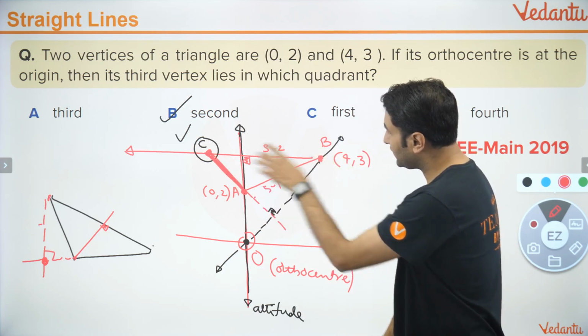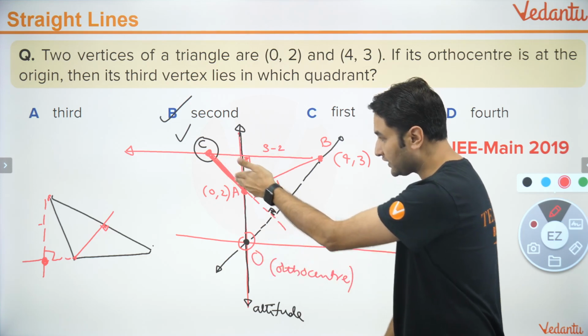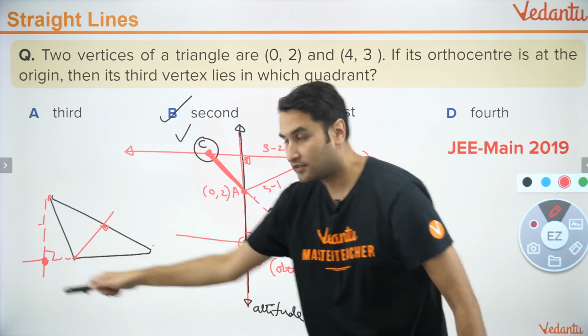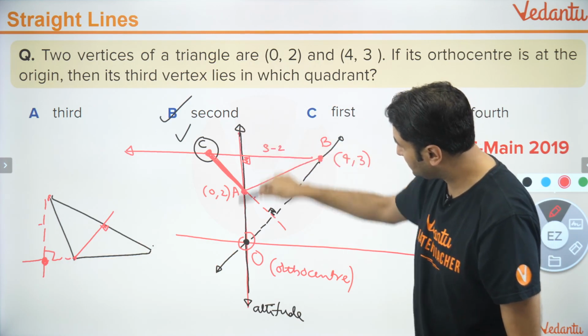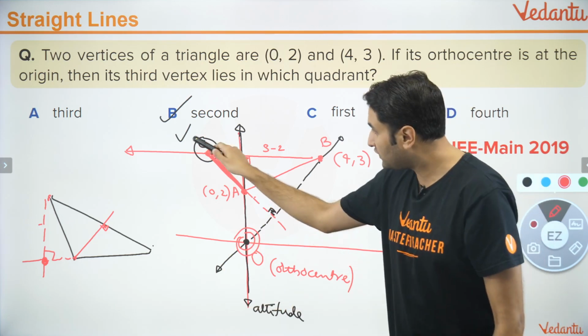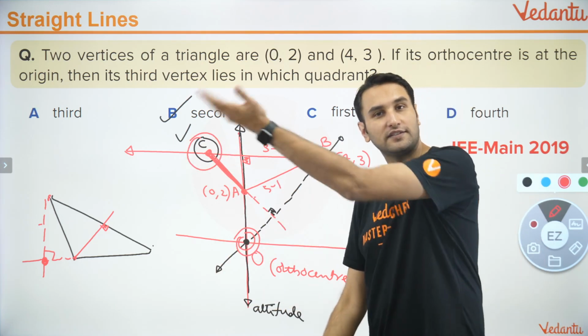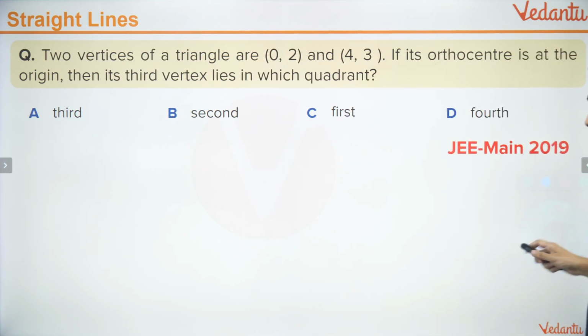Perpendicular from this vertex on this side is this, because it is obtuse triangle, so extended just like this, right? Altitude from here on this side is this line, both intersect at origin. So obviously my vertex is coming out to be in the second quadrant. That's it, simple. ठीक है? चलो, now let us move ahead.